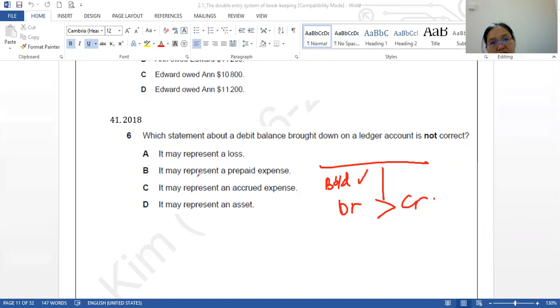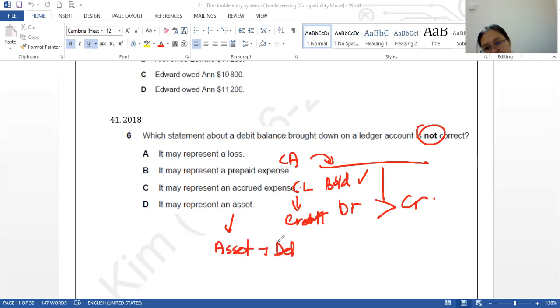It may represent prepaid expenses; prepaid expenses is your current asset on the debit side, but they say not correct. It may represent accrued expenses; accrued expenses is a current liability, so current liability is on the credit side. It may represent an asset; yes, because asset is always on the debit. So your answer should be C.